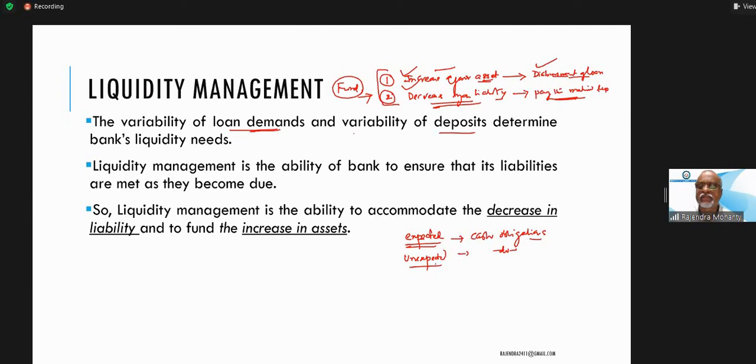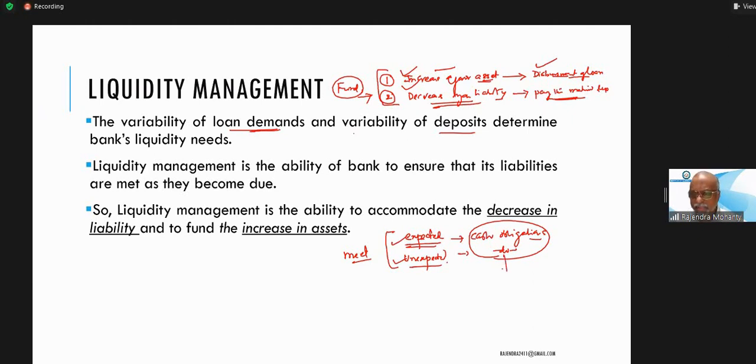Suddenly somebody wants premature payment of the deposit, or suddenly somebody comes with a request for ad hoc loan disbursement of a bigger amount. Those are unexpected. So to meet both the expected and unexpected cash obligations, liquidity is required.